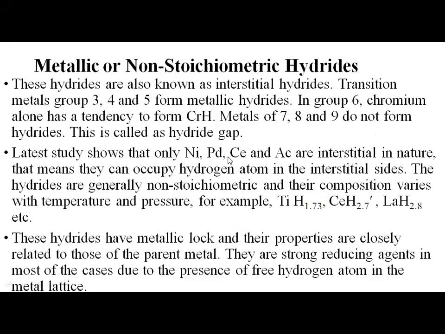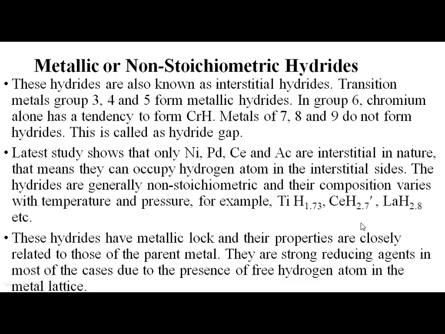Latest study shows that nickel, palladium, cerium, actinium are interstitial in nature. This means they can occupy hydrogen atoms in interstitial, vacant sites. The hydrides are generally non-stoichiometric and their composition varies with temperature and pressure. For example, titanium hydride is 1.73, cerium hydride 2.7, lanthanum hydride 2.8.